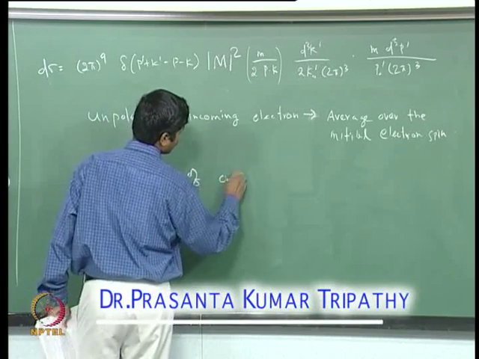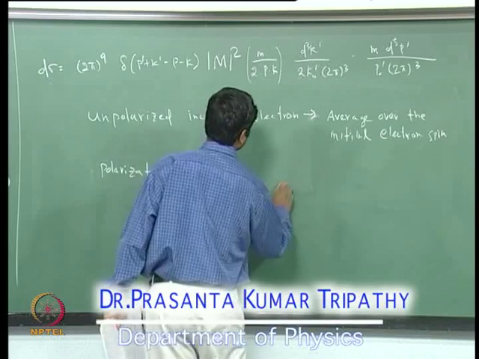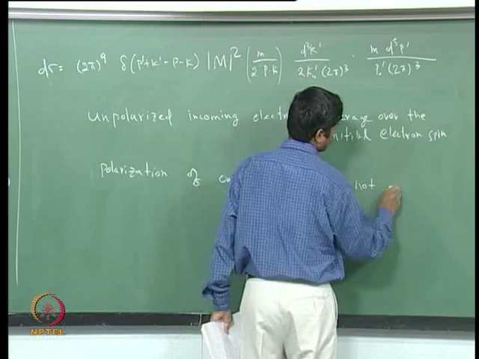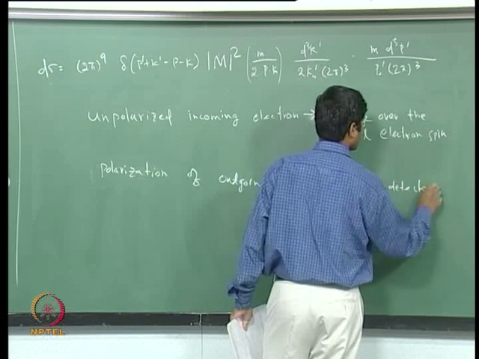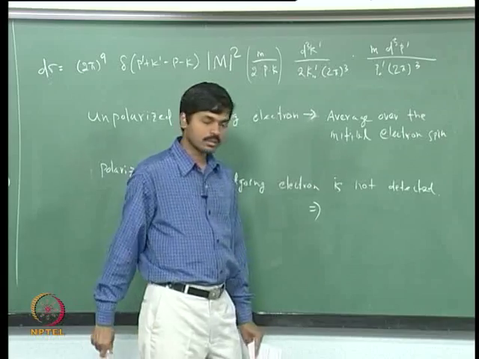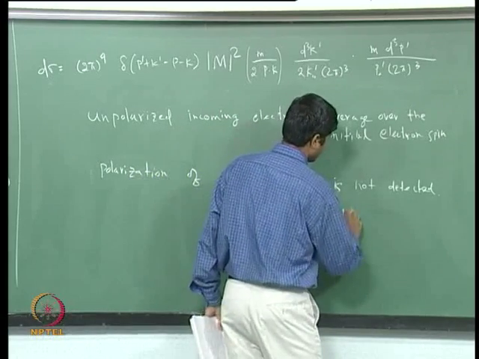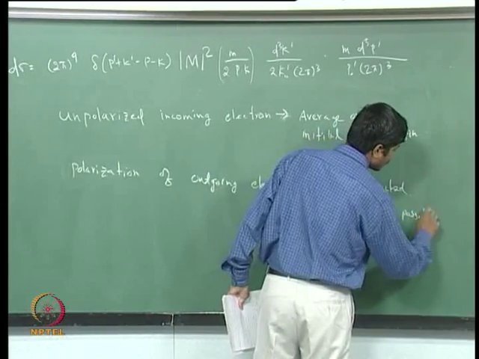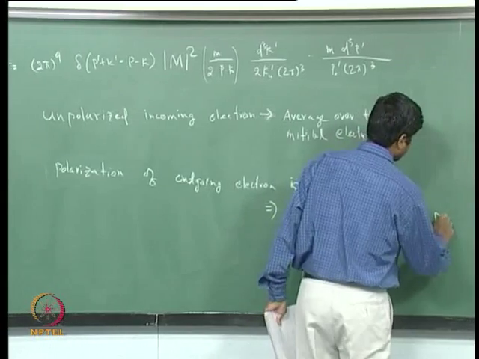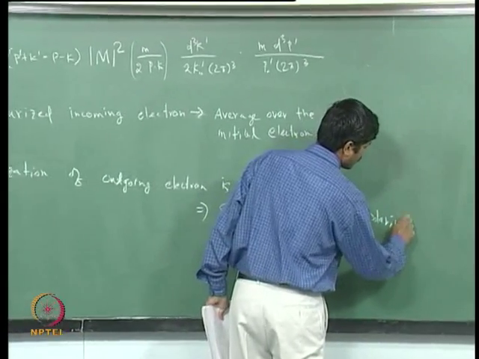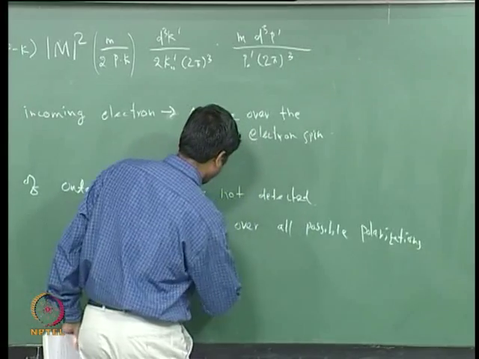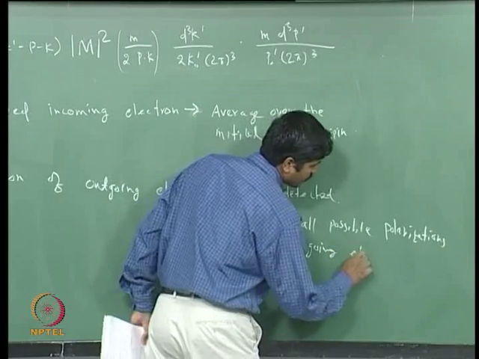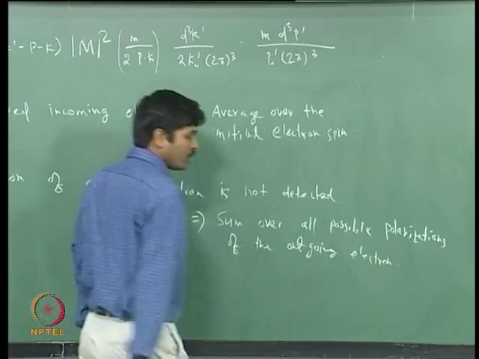The polarization of the outgoing electron is not detected. This simply suggests that you need to sum over all possible polarizations of the outgoing electron.